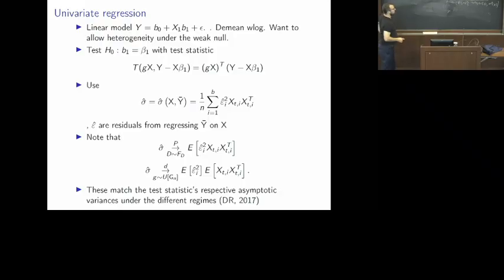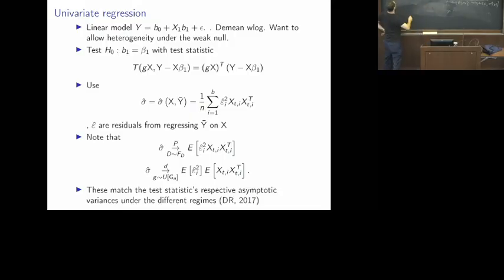So if I want to do this for univariate regression, then I let those be vectors. So this y would be in Rn, and X also is in Rn. How would I build a test statistic for this?